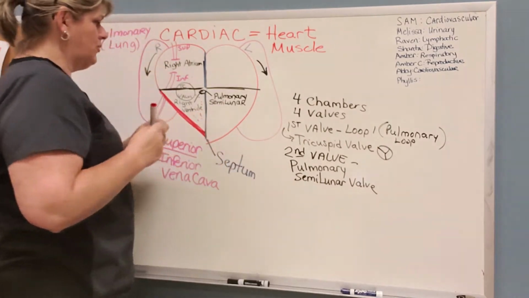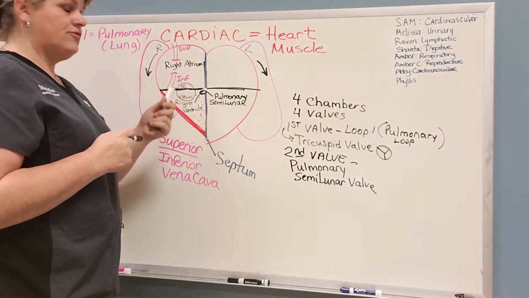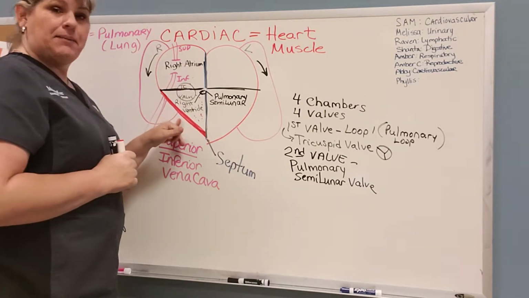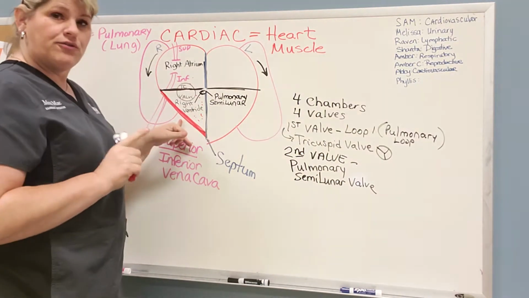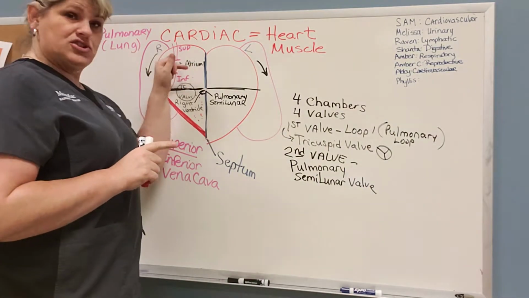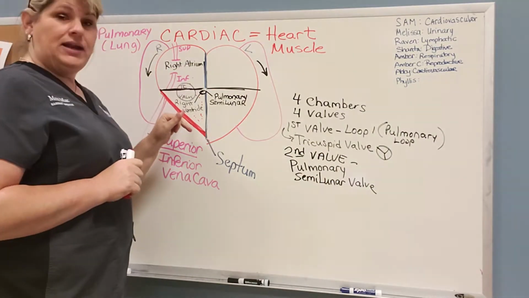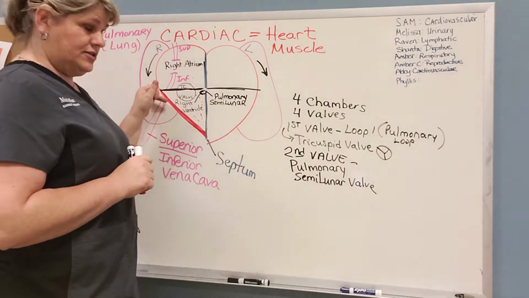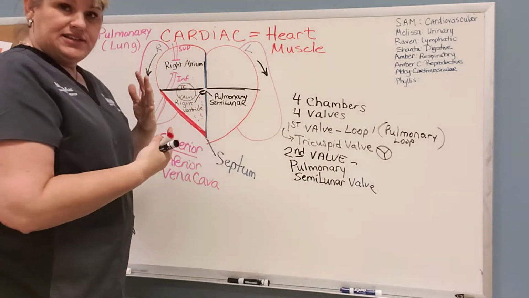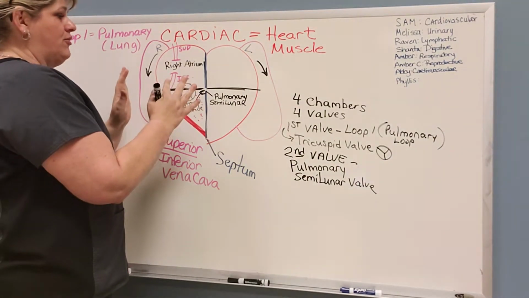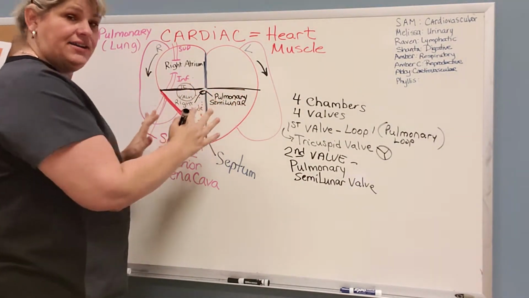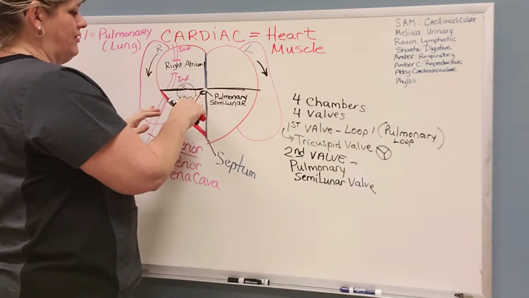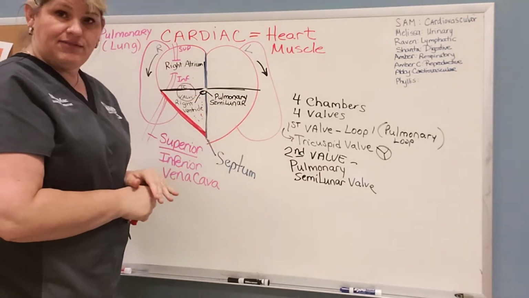So we've done 2 chambers and 2 valves. The blood from this right side has to get pumped. Here's where your force comes in. Here there's no pressure. Here we need a lot of pressure because we have to push into these 2 lungs. Now, the way I'm drawing the diagram, if you think about it, the lungs are behind the heart. So there's veins and arteries that are bringing this ventricle into both right and left lungs.